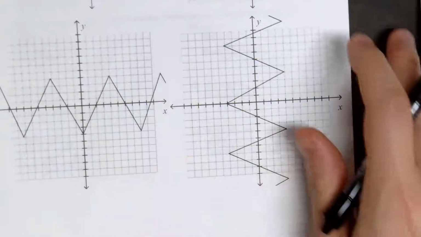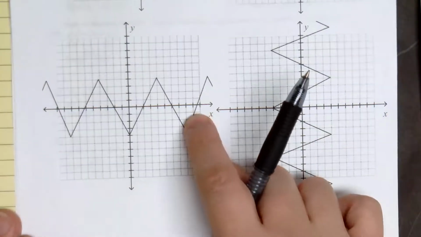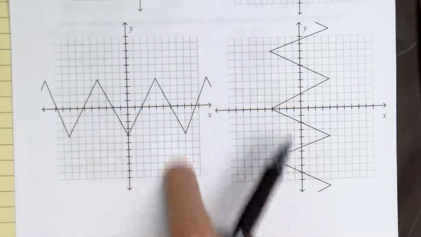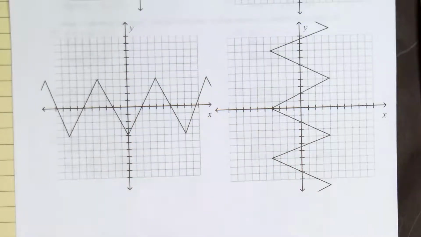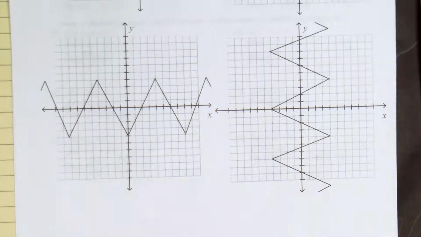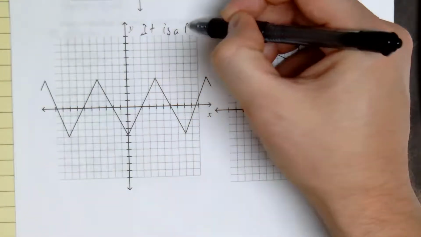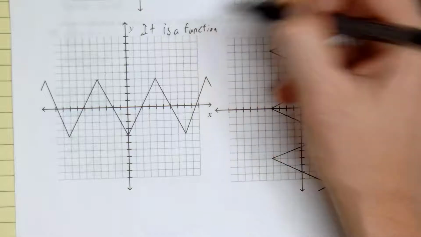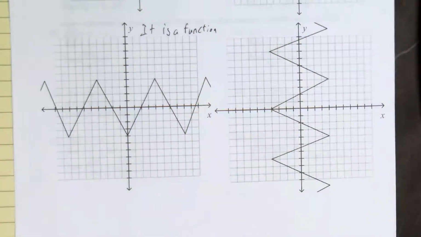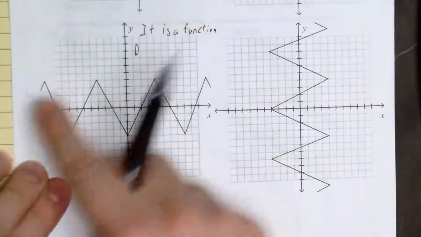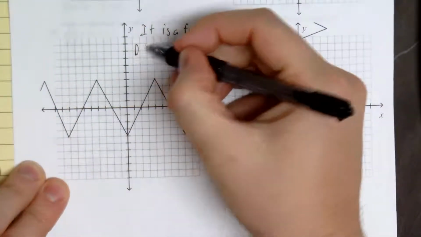Okay, there we are. So it looks like it's going on forever, and we're in luck, I don't see anywhere where I can use a vertical line test to go against it. So right here, it is a function. The domain for this function looks like it's going forever, left and right, so it's all real numbers.